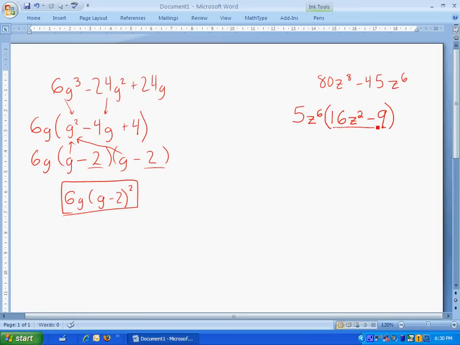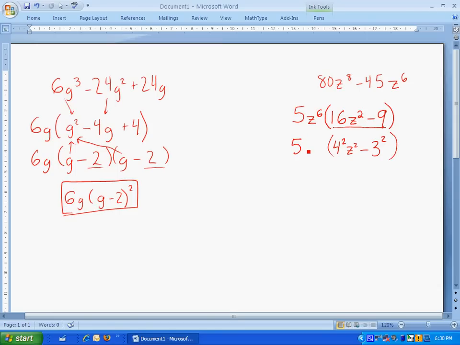So what I do want to double check and see is if this is the difference of two squares. I notice that 16 is 4 squared and 9 is 3 squared. Okay?